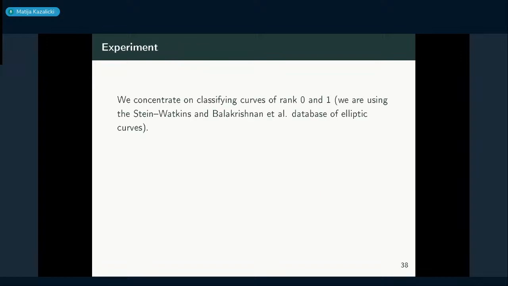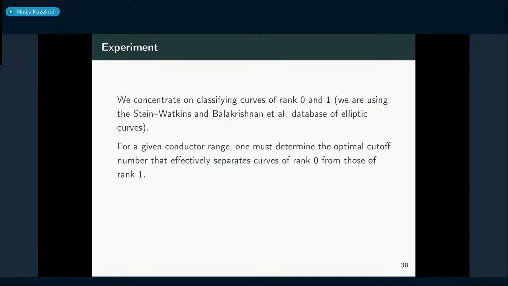Okay, so if you want to make an experiment about this question, we are going to focus on classifying curves of rank 0 and 1, and in all our research on the Mestre-Nagel sums, we are using the Stein-Watkins and Balakrishnan database of elliptic curves.